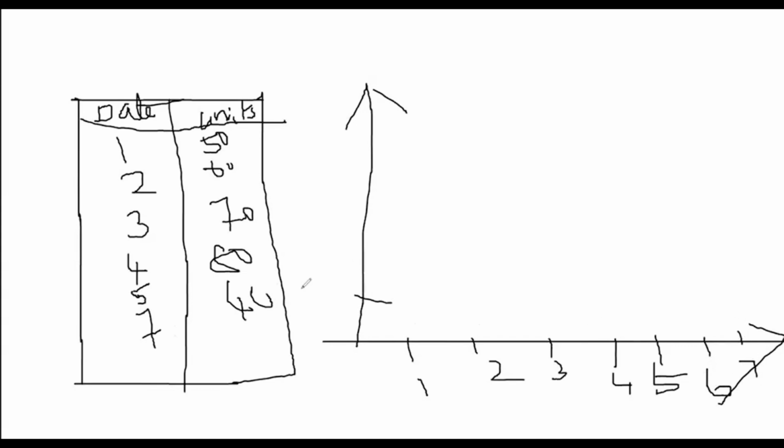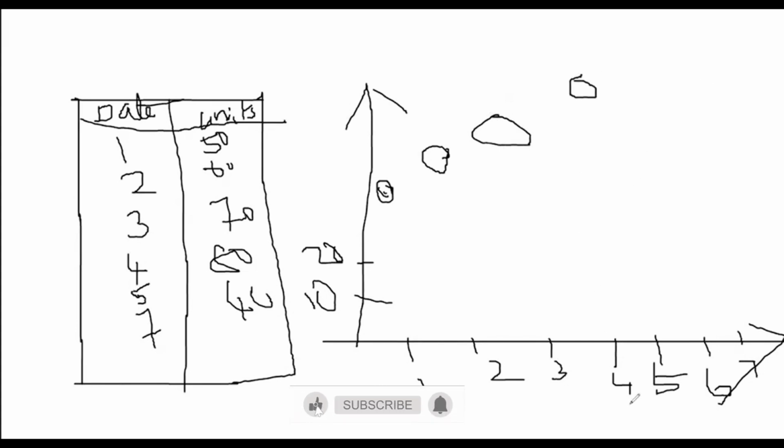And here I'm having values from 10, 20, like this. Assume that for 1 it is 50, somewhere here it is coming, and for 2 some 60, somewhere here it is coming, like this you are plotting. For 3 it is 70, here it is coming. For 4 it is 80, here it is coming. And for 5 it is 40, somewhere here. And for 6 there is no data, so automatically it should come here.